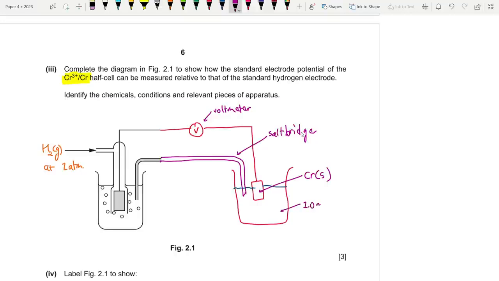This is 1 mole per dm cube of chromium solution. Okay, since it's standard conditions, and we have to label the electrode here. I told you that it's going to be platinum, and the solution is going to be 1 mole per dm cube of H plus solution. You could give HCl, that's fine, but it's best if you just mention H plus. Okay, is that fine? That's all.